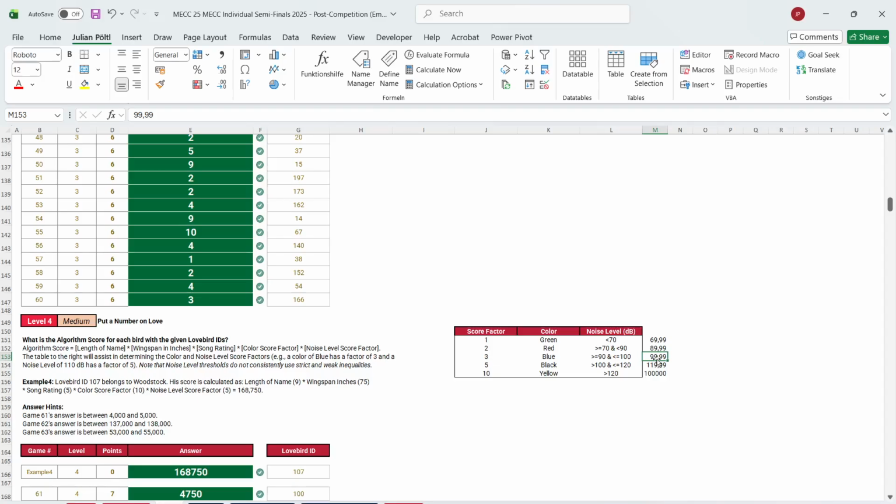That's cruel. I always thought, okay, it's always smaller or equal. Oh, so you cannot use XLOOKUP here. I have to use an if function.